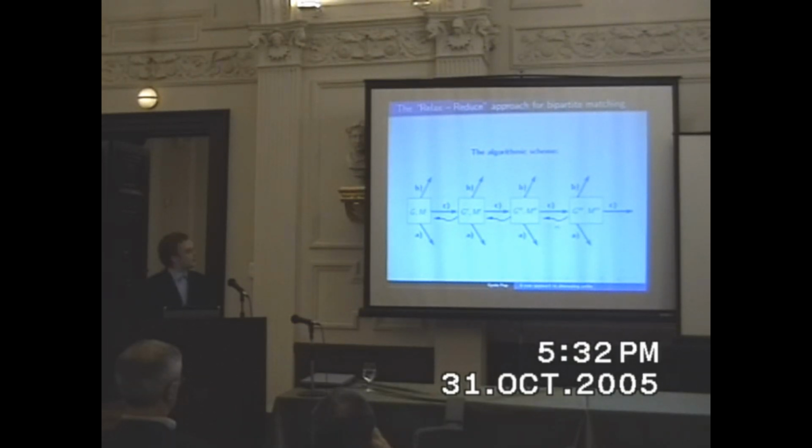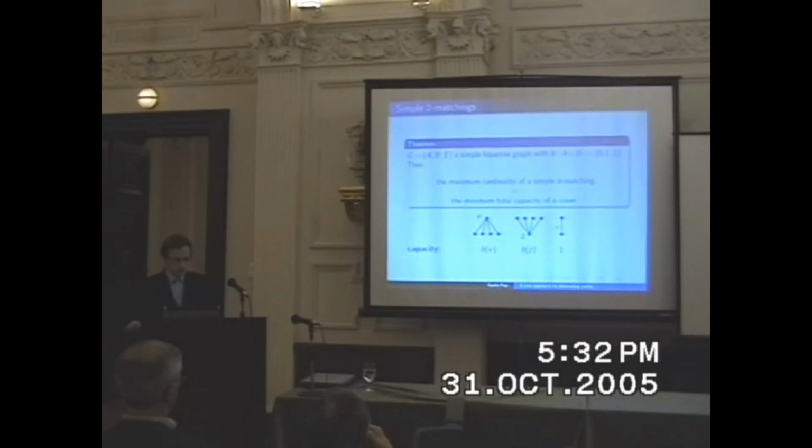So there are alternating paths, and we put them in a black box lemma. Now, this is for Koenig's theorem. Let me show you another min-max formula which can be proved by the relax-reduce principle. Also, an algorithm follows.